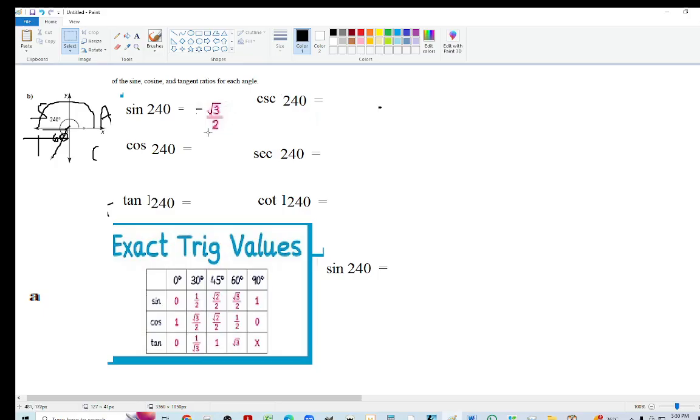And then cosecant's the opposite. We're going to put the negative in front of the 2, though, and the square root of 3 goes at the bottom. So the opposite trig values are just the flip of the ratio. And then cos of 240, we just take it from the 60 here. It's 1 over 2. And cos also in this quadrant is negative, so we have to use a negative bar here.